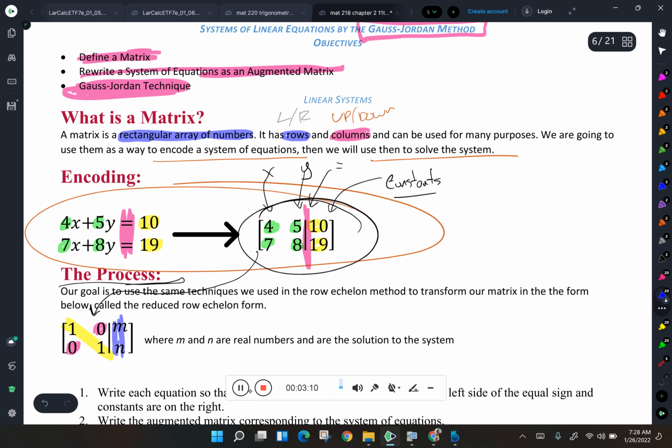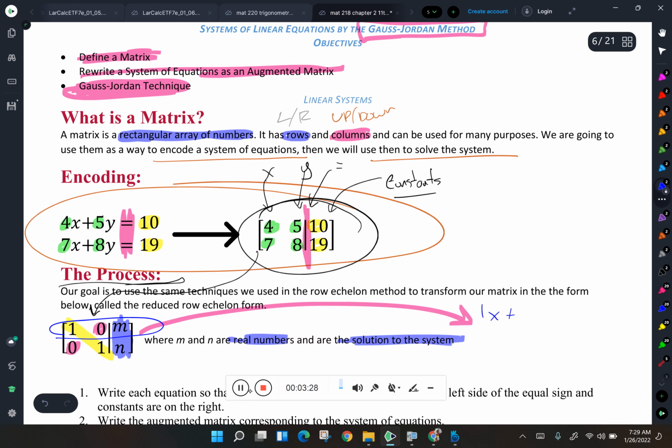I used m and n over here just to represent two unknown numbers that we haven't found yet, where those are real numbers but also the solution to the system. Because if we were to take this matrix and unencode it, that first row would read 1x plus 0y equals some number m, and the second row would read 0x plus 1y equals some number n.